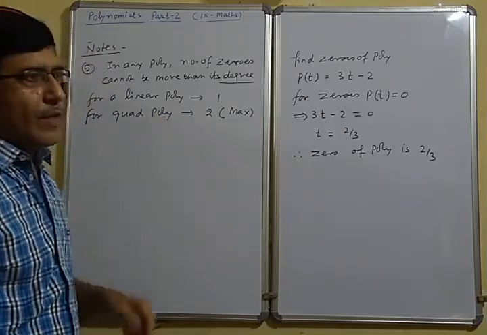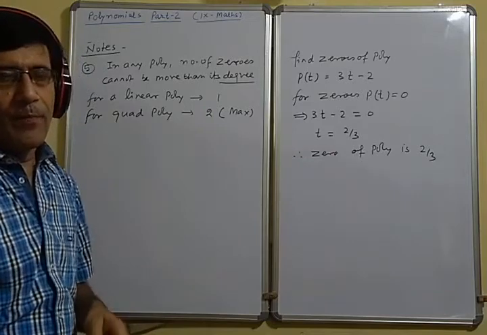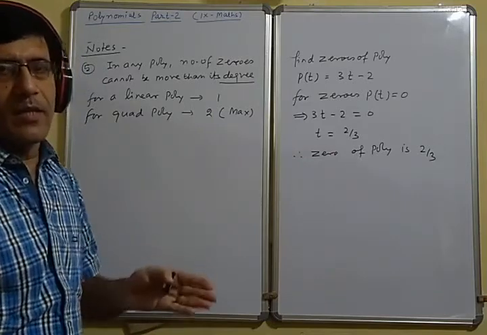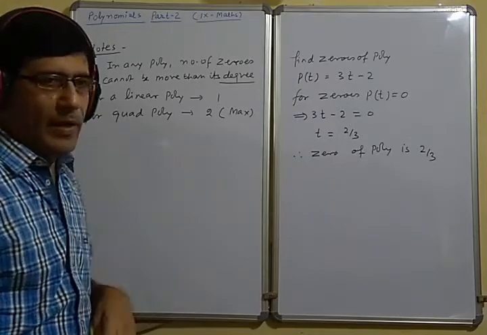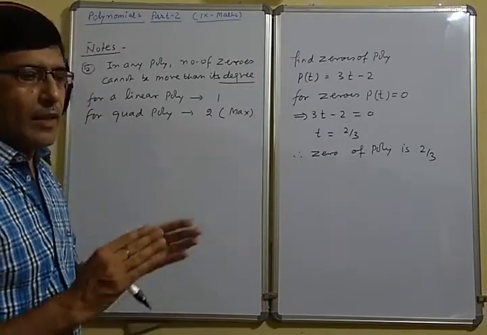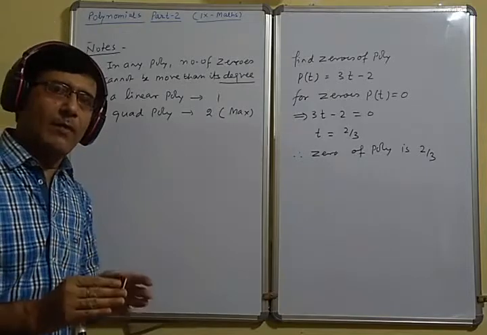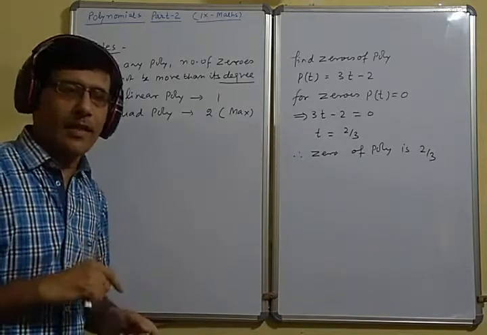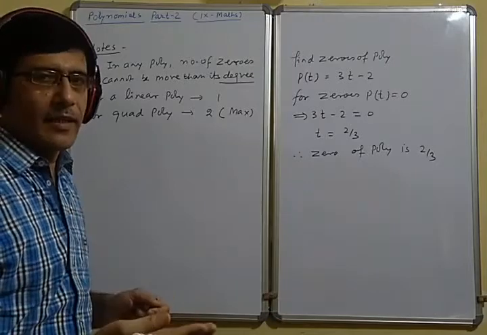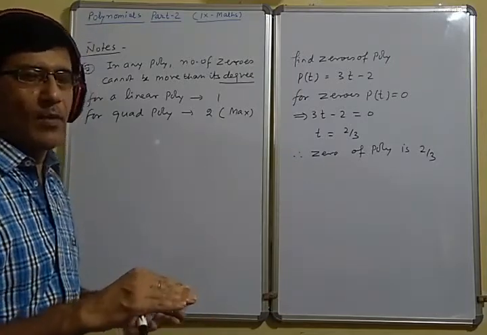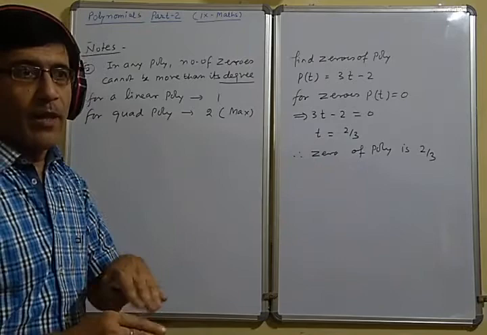Once again, a quadratic polynomial is of the form ax square plus bx plus c. The graph is in the form of a parabola, which we have to discuss in class 10. It is an upward parabola if a is greater than 0, and a downward parabola if a is less than 0.